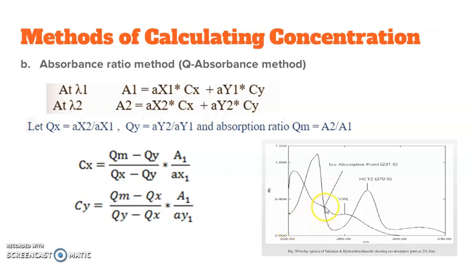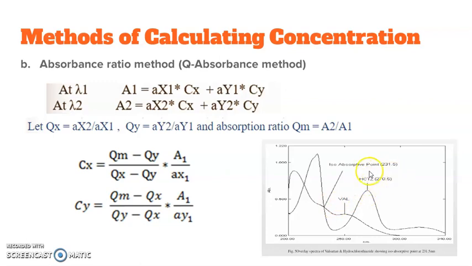So at this particular point where the two peaks coincide, the peak of valsartan and the peak of hydrochlorothiazide, where they coincide, we take that as an isosbestic point or isoabsorptive point. It is also called an isosbestic point. And this wavelength they will choose for analysis along with the absorption maxima of one of the two drugs.